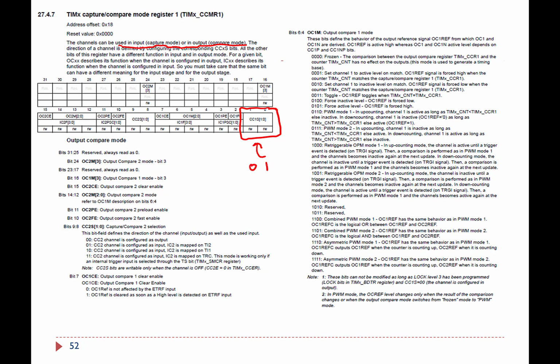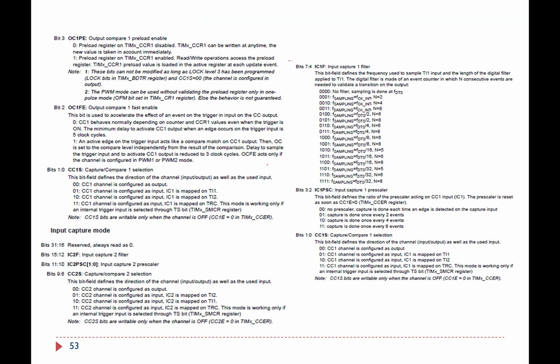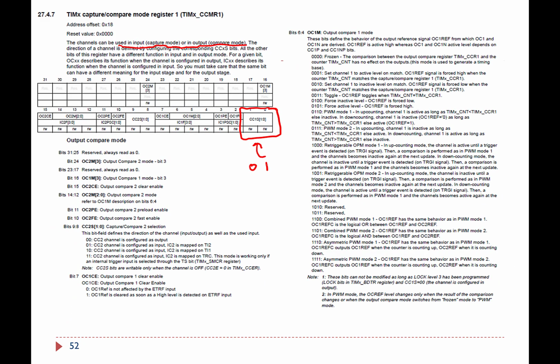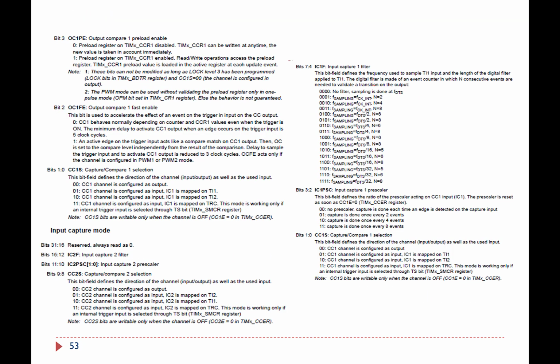I accidentally showed you what was going on through the output compare mode because I was looking at this page over here. I wasn't really looking at it appropriately, although you see it is saying it's configured as input. I really should have been looking at the input capture mode, which shows right here, because that's what I was truly looking at.